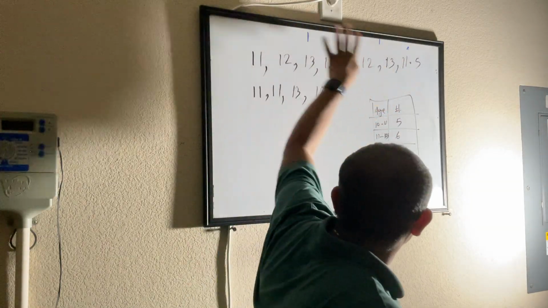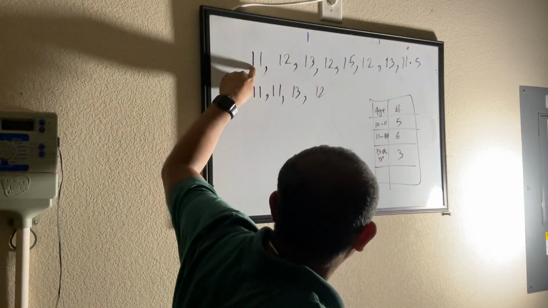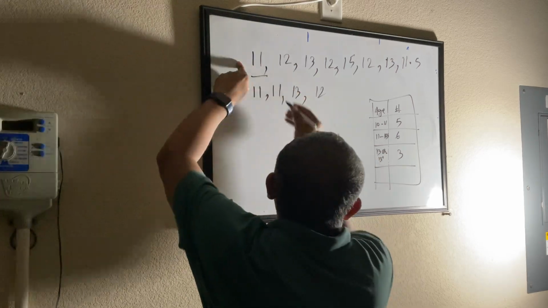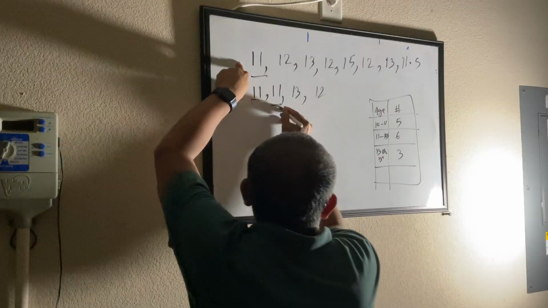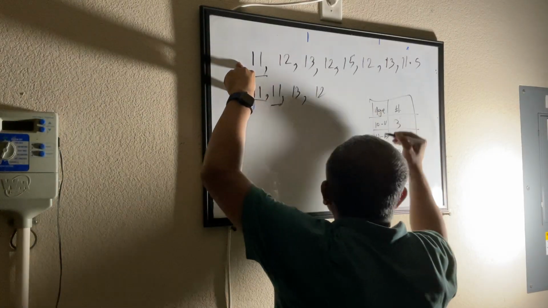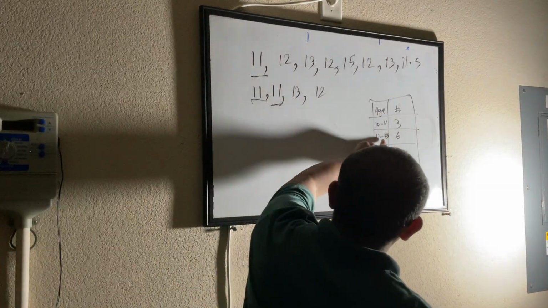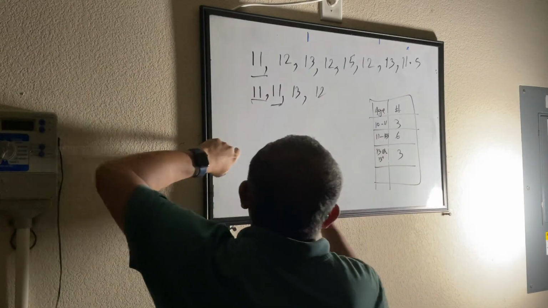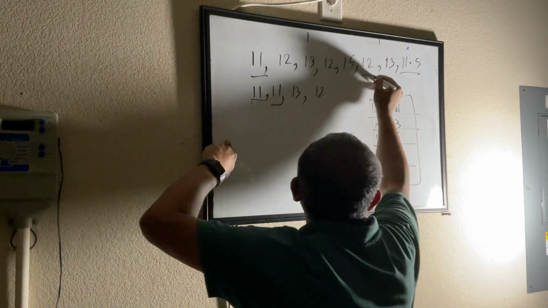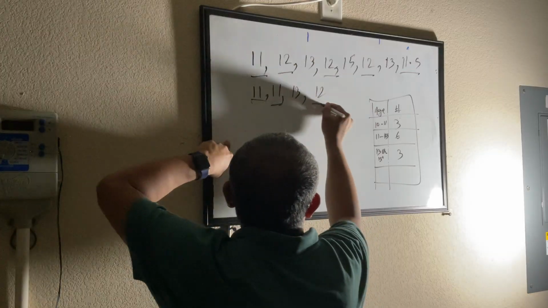From this data, I counted it. I said 10 to 11: 1, 2, oh no, sorry, 1, 2, 3. Okay, let me correct it. 3 kids. 11 to 12.5, meaning more than 11 up to 12.5: 1, 2, 3, 4, 5.